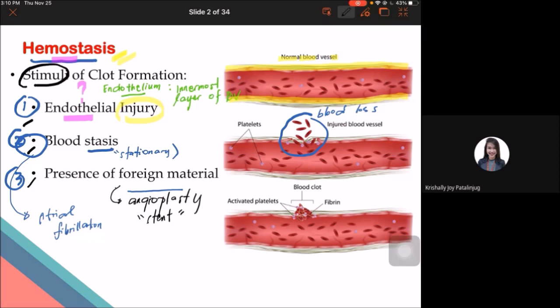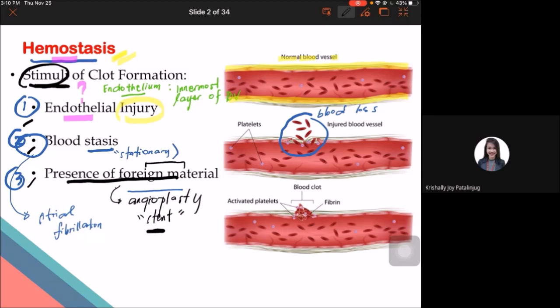And presence of that foreign material, that could also trigger blood clot formation. That could cause clotting process to happen. Kaya nga again, patient nagaga-undergo og surgery na may involvement sa foreign material implantation, they are also given drugs for blood coagulation. So yan yung take away dyan.